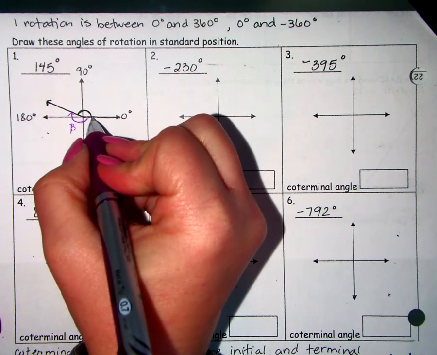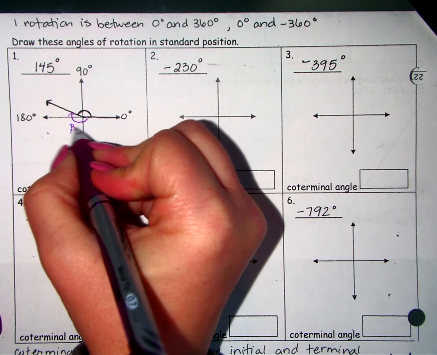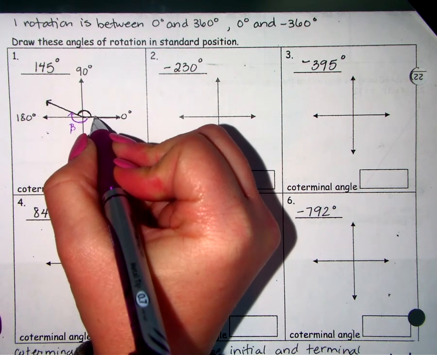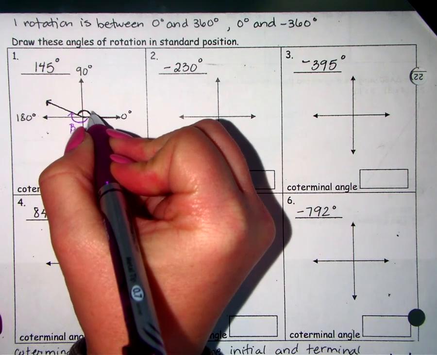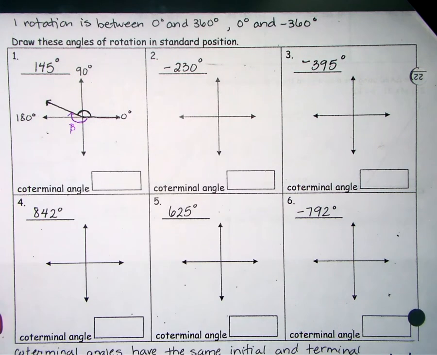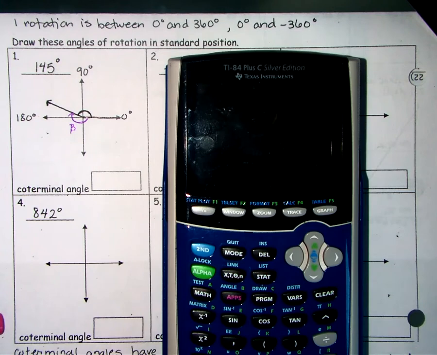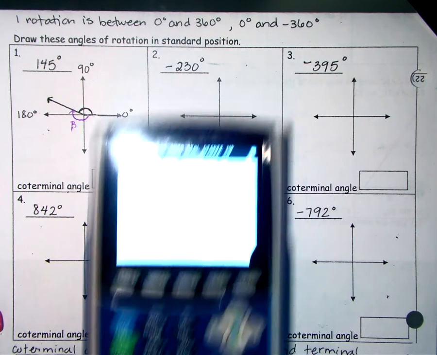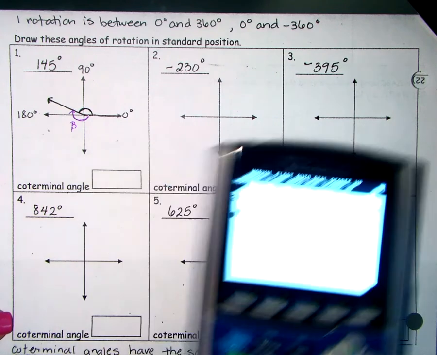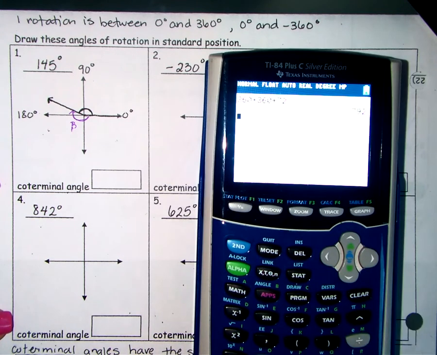If we moved from here in a negative direction, one full rotation, that would be negative 360 degrees. So what I would want to do is backtrack this 145 to get to where I need to be. I'm going to say I go negative 360, which gives me going backwards one full rotation.